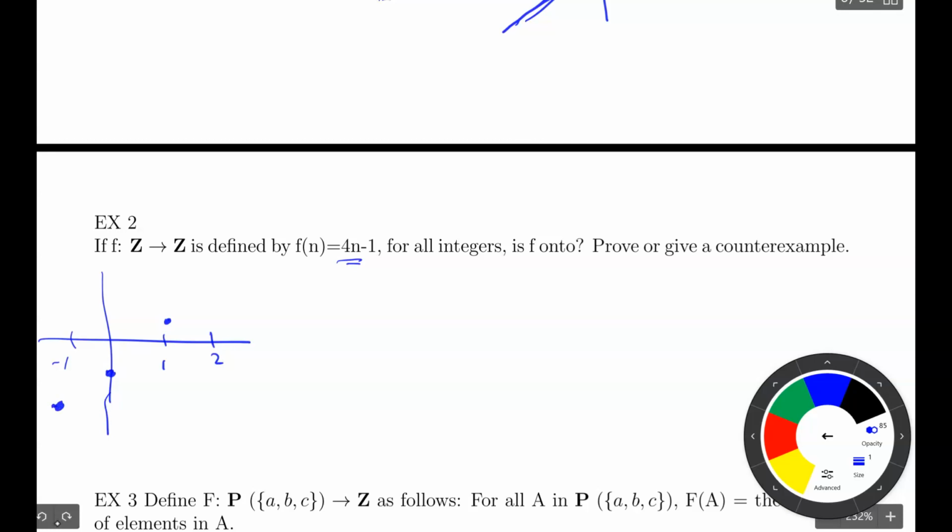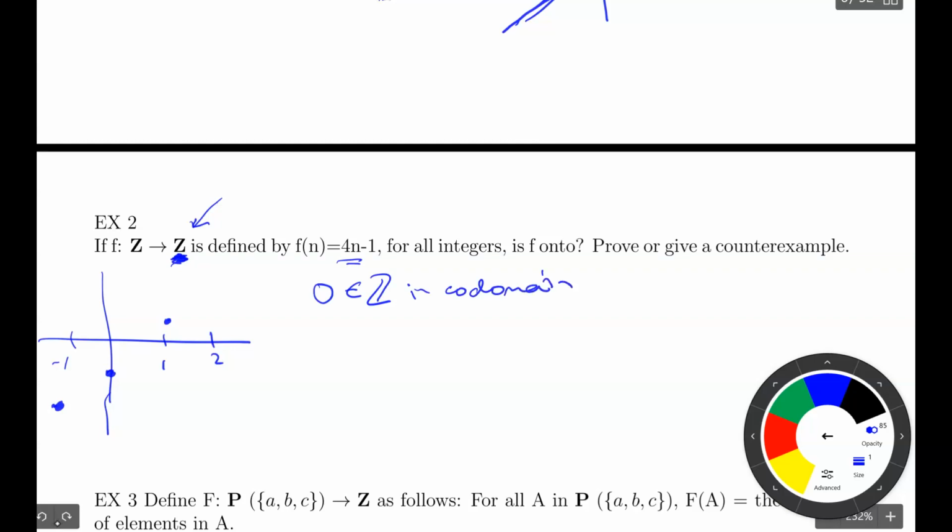So this is not onto. Not every integer is going to get hit. So let's think about an integer in the codomain that's not going to be hit. 0 is easy. 0 is an element of the integers in the codomain.